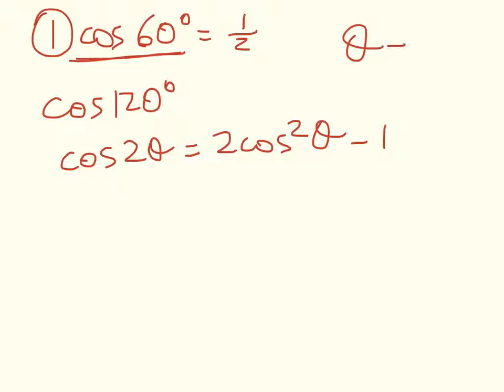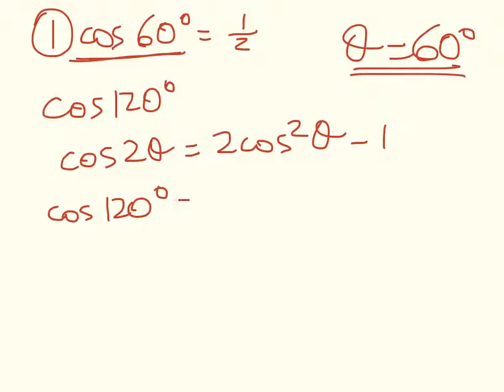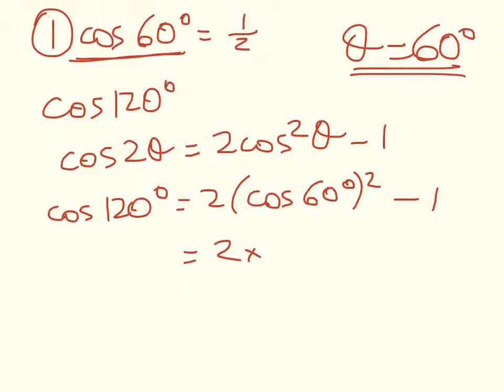And theta is going to be 60 degrees. So the cosine of 120 degrees is equal to 2 times the cosine of 60 squared, take away 1, which is 2 times 1/2 squared minus 1, which works out to be 1/2 minus 1, which is negative 1/2.